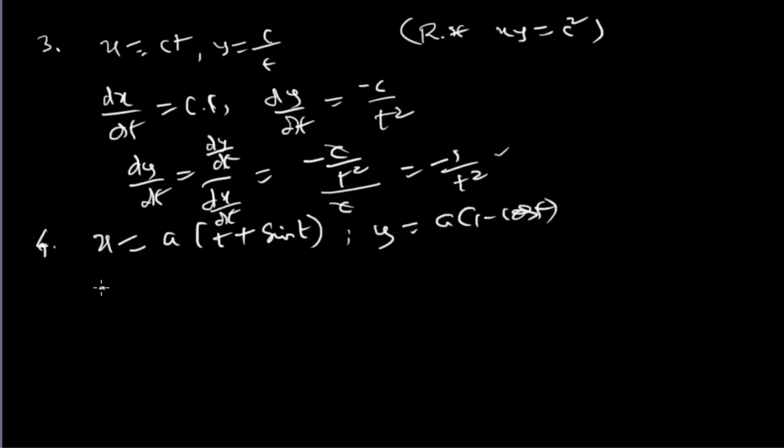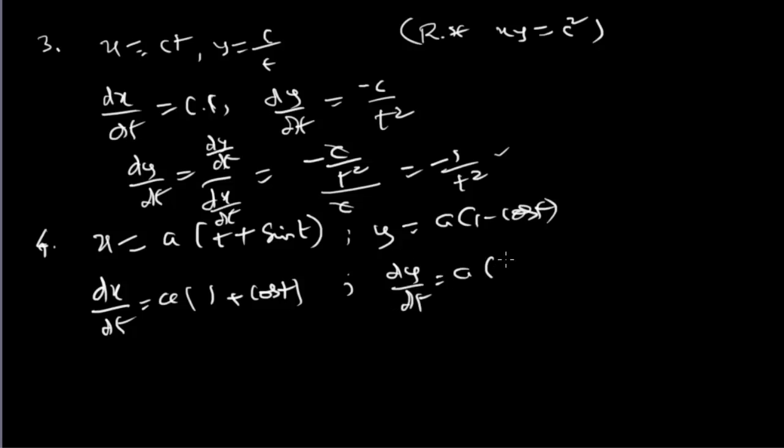So dx by dt is a into differentiation of t with respect to t, which is 1, plus differentiation of sin t with respect to t, which is cos t. And dy by dt is equal to a into differentiation of 0 minus cos t, which is 0 plus sin t. Why? Differentiation of cos t is minus sin t, into minus is plus sin t.